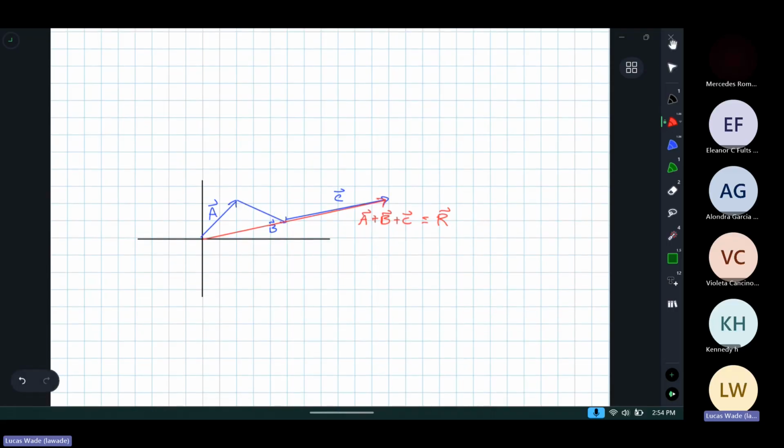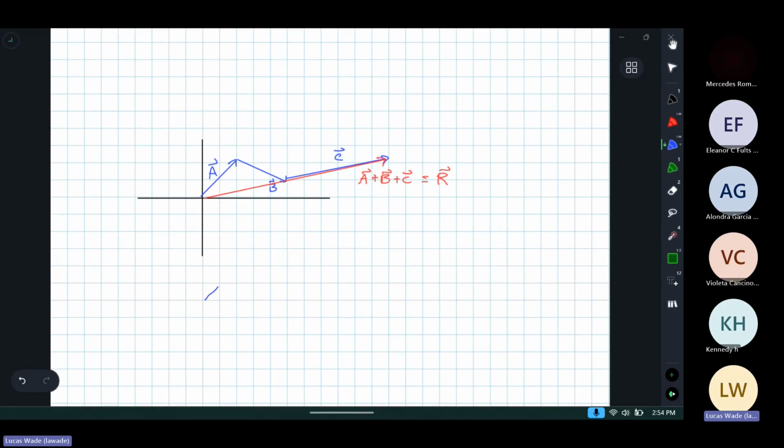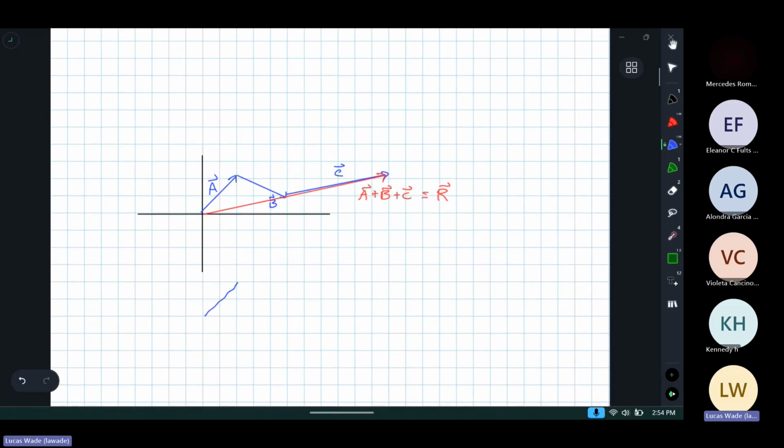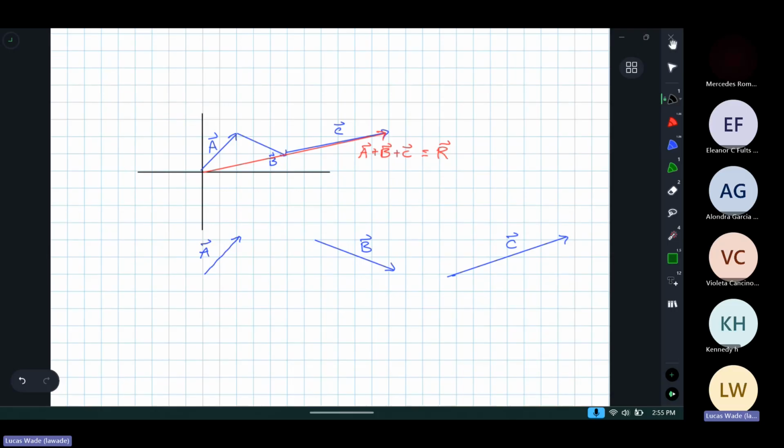Okay, so that's not too bad to do sketching it like that, but to actually get numbers for these things, that's where components come in. And so I'm going to sort of isolate A, B, and C so you can see this better. To draw the components correctly, what may help is to imagine your hand is only allowed to move left and right or up and down.